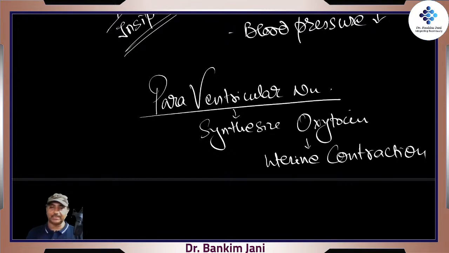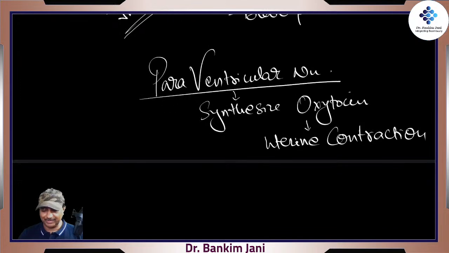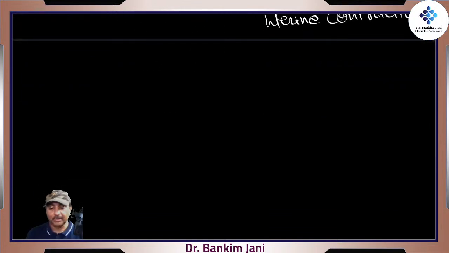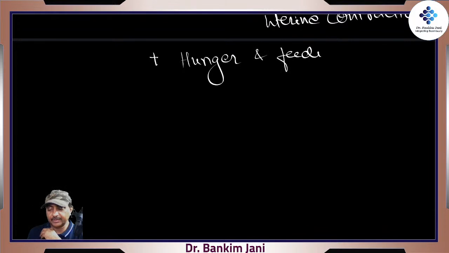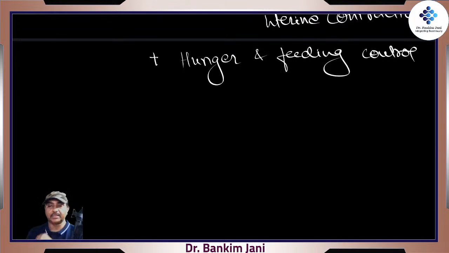So now you know that they are literally taking over at such a wide level, right? So many functions. Apart from that, this is also one of the centers taking care of hunger, feeding, control.